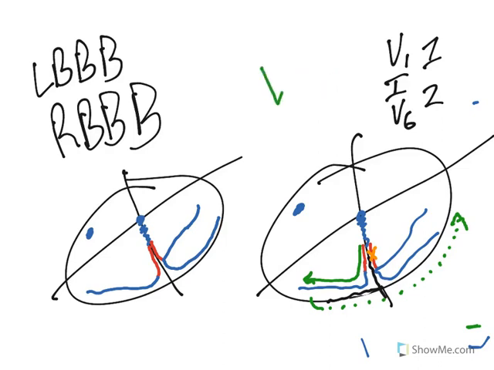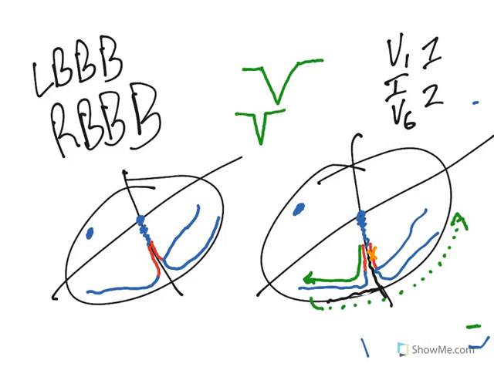So as the QRS widens out like that, there's an increase in time on that EKG compared to this EKG, right? Okay, so that means it takes more time to depolarize.